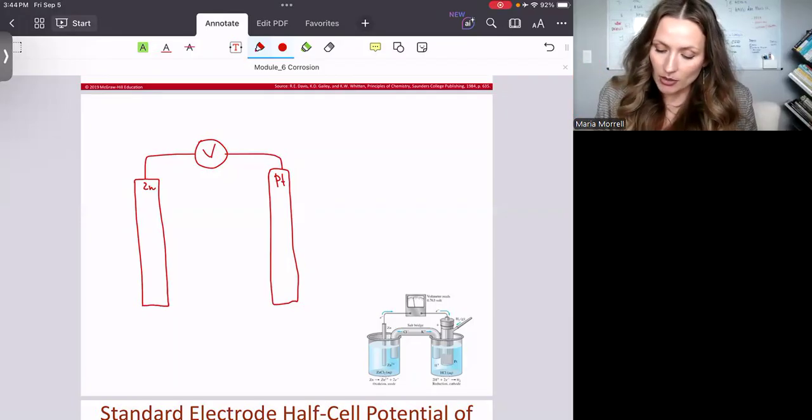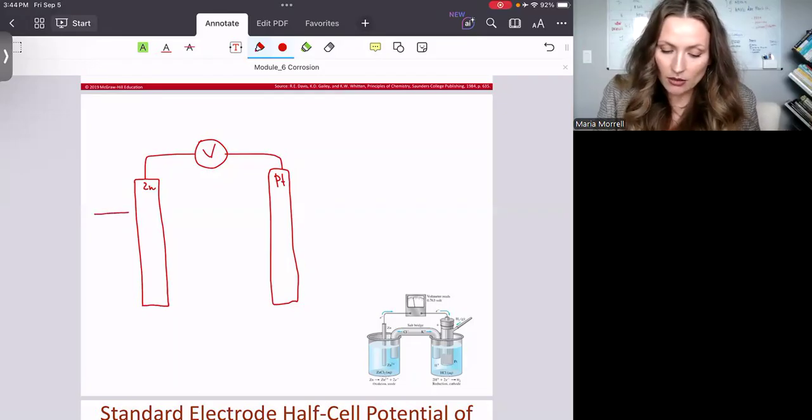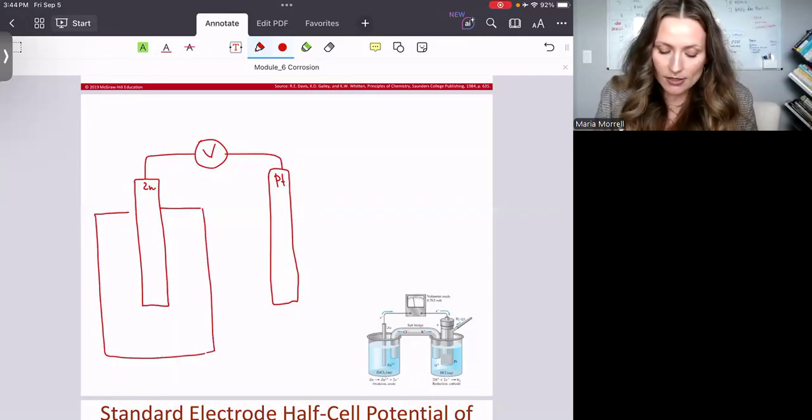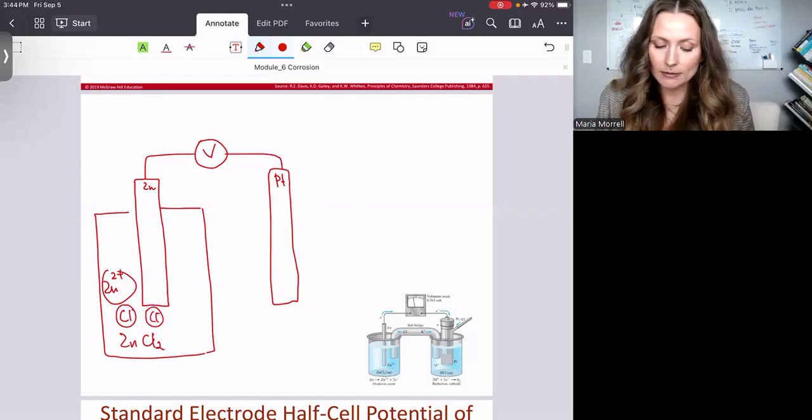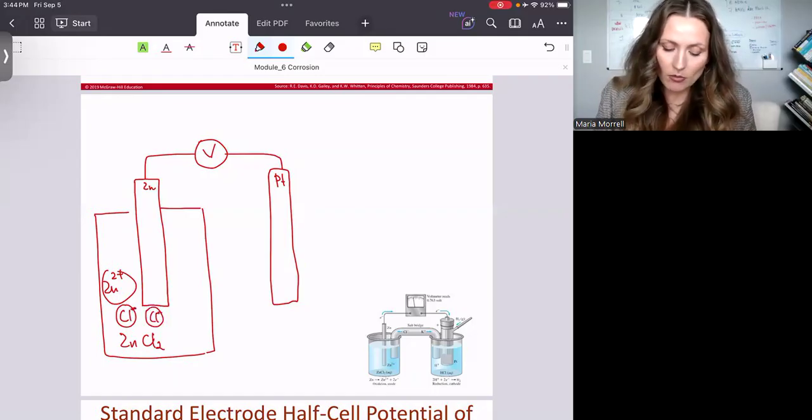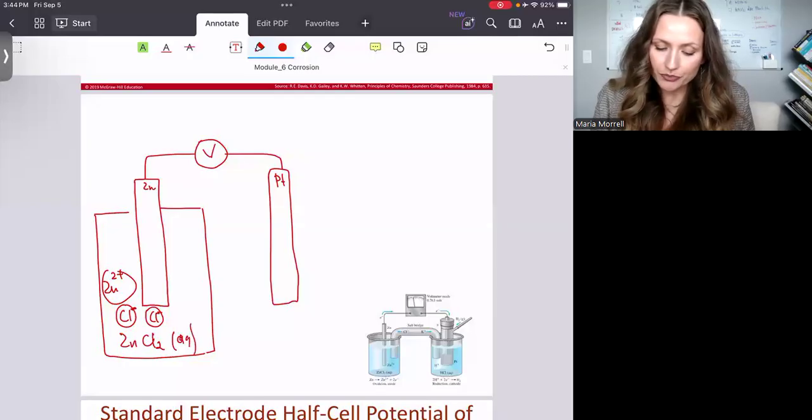Now, there's going to be a little bit more. In here, I'm going to have an aqueous solution of zinc chloride. That means I will have a bunch of Zn2+ floating in here, and I will have a bunch of Cl minus. I don't know if you can see the minus. Once again, this is an aqueous solution.